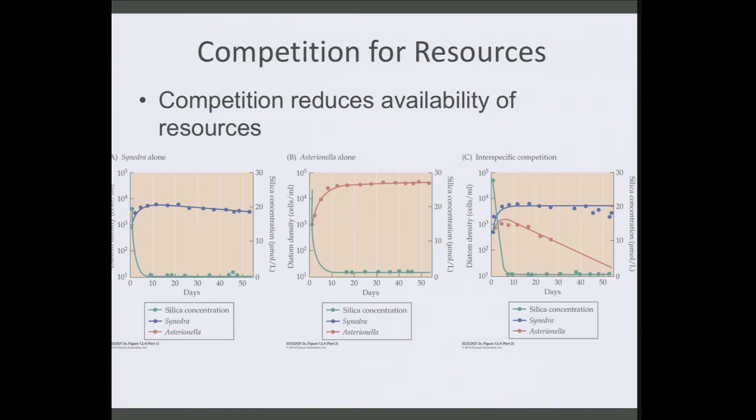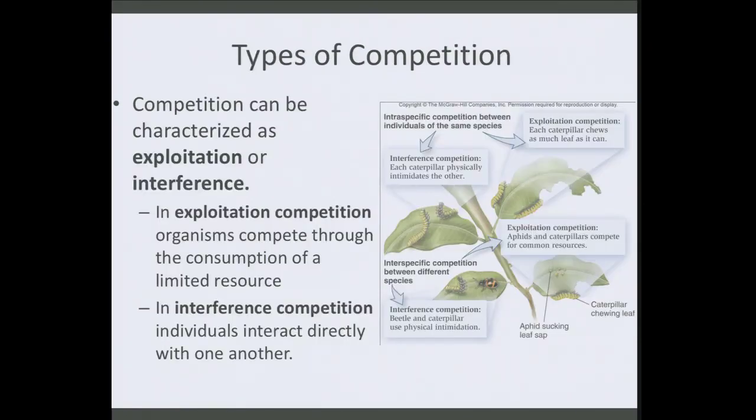Another thing you will notice is that they both grew at a slower rate than they would otherwise. Even though the blue species survived, it did not grow as fast as it would have if there was no competition. So it's minus-minus. They both lose out because of that competition. They're both harmed in some way.